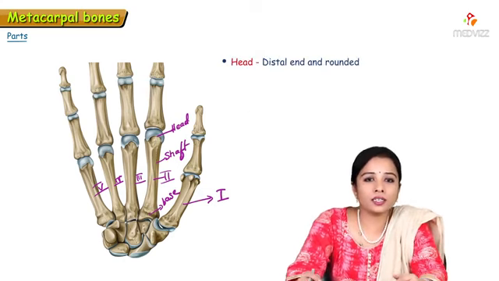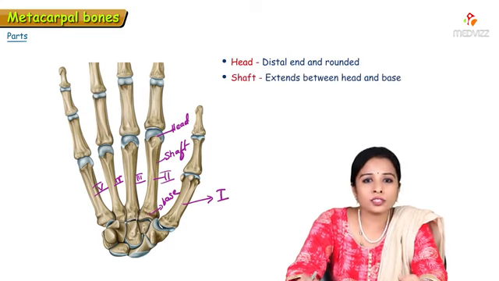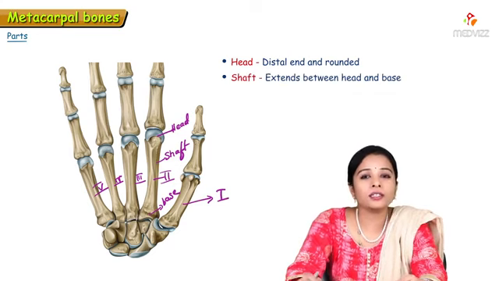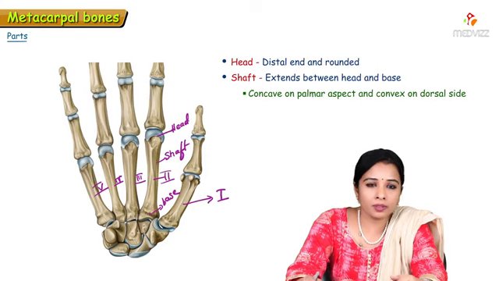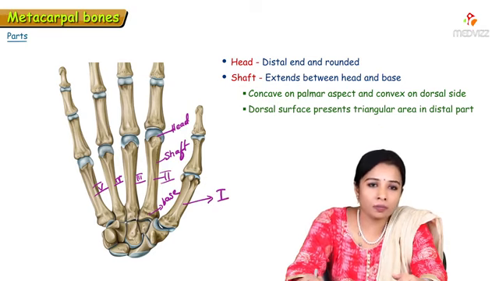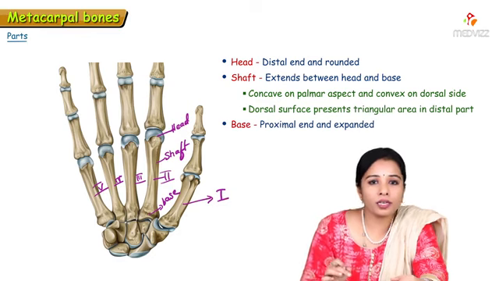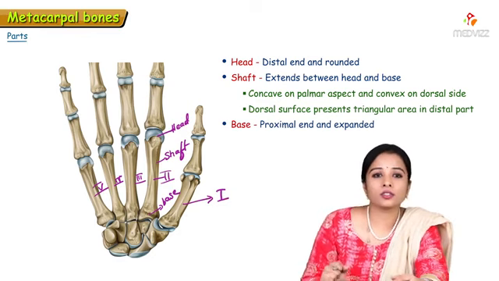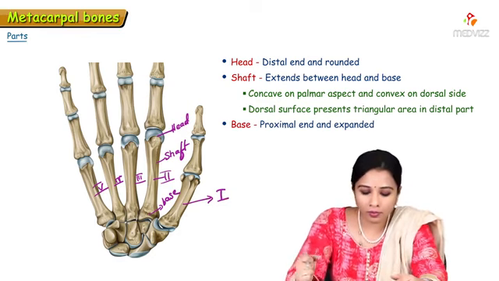The head is the distal end and it is rounded. The shaft extends between the head and the base and it is concave on the palmar aspect and convex on the dorsal aspect. The dorsal surface of the shaft presents a triangular area in its distal part. The base is the proximal end and it is expanded. So that is about the metacarpal bones.